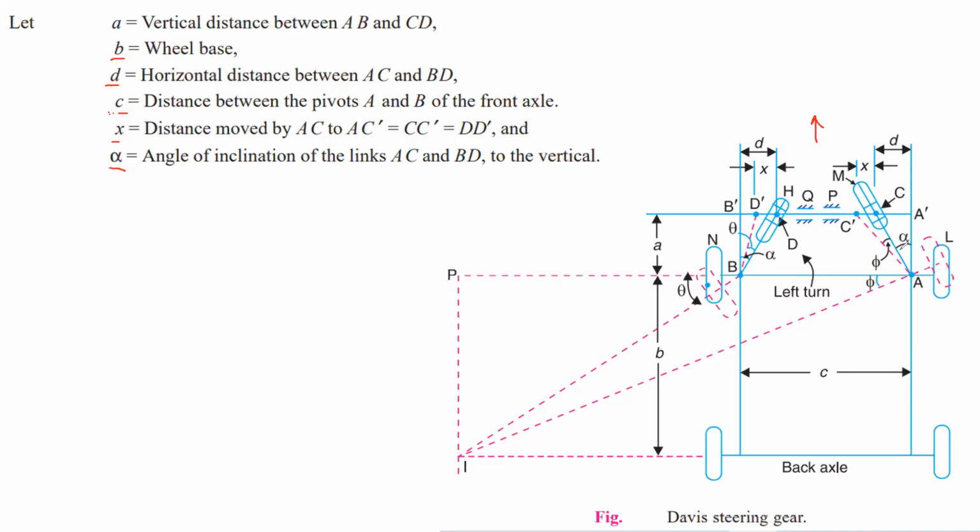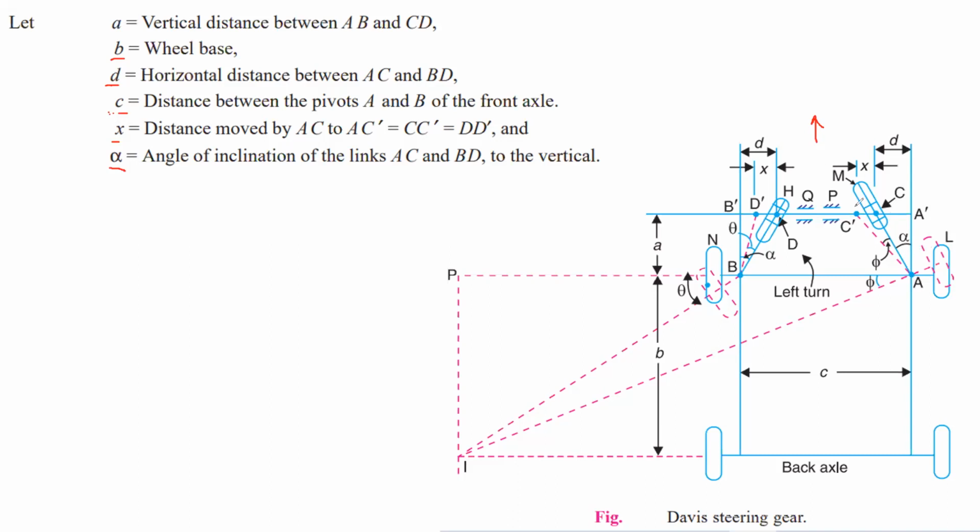What about alpha? Alpha is the angle of inclination of the links AC with the vertical. So what is the angle of inclination alpha with the vertical when vehicle is moving straight?